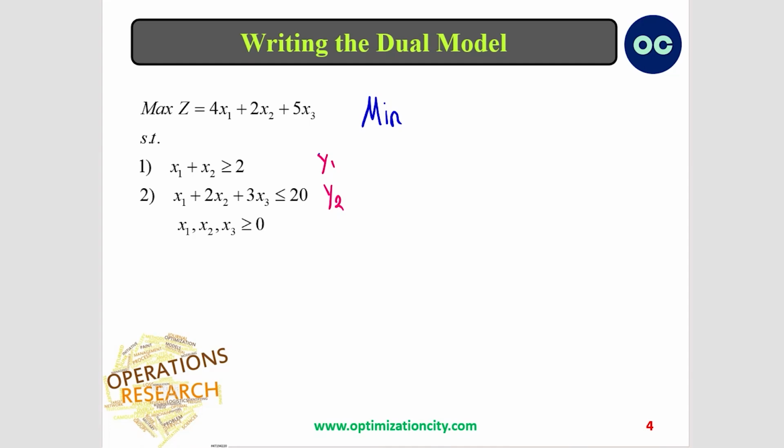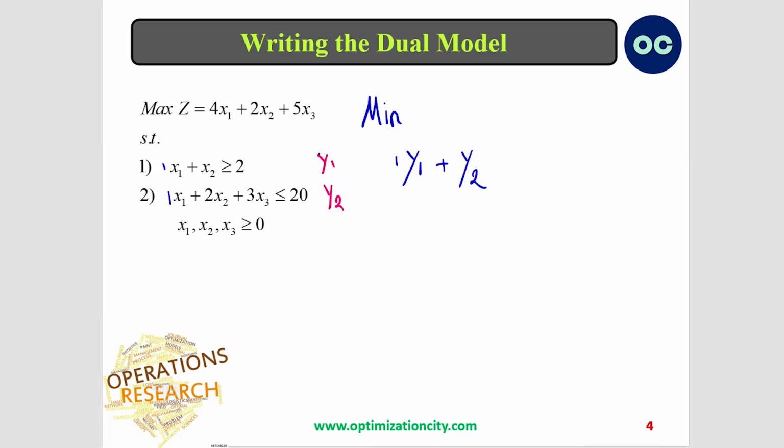The coefficient of x1 in the first constraint of the original model becomes the coefficient of y1 in the first constraint of the dual model. Here, 1. And the coefficient of x1 in the second constraint, which is 1, becomes the coefficient of y2 in the first constraint of the dual model.